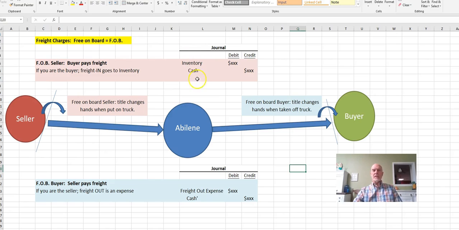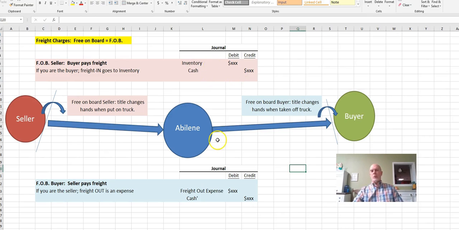So again, up here in the pink, if it's FOB seller, the buyer pays the freight, and the freight in would be debited to the inventory account. So this payment here is like when we're writing a check to the trucking company, and so the debit would go to inventory.